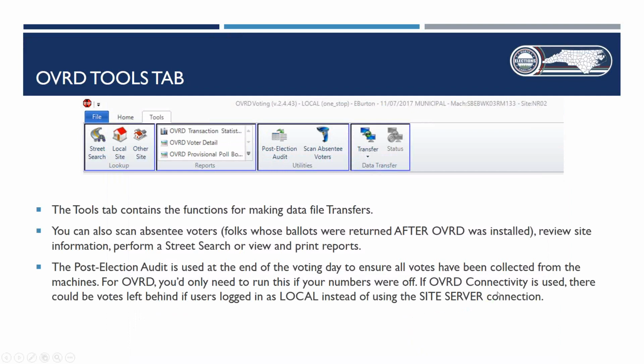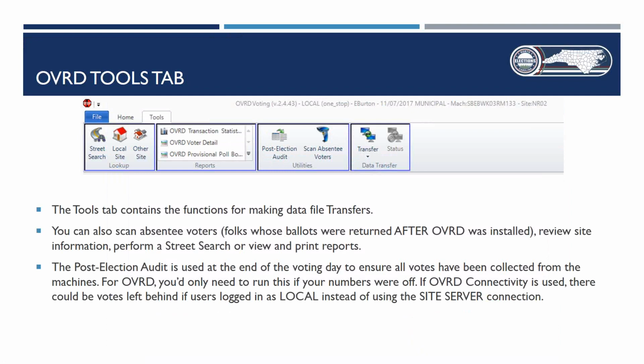Let's see, yeah. And so if you're using OVRD connectivity with the site server functionality, there could be votes left behind if users logged in as local instead of using the site server connection. So those of you that do use OVRD connected with that site server functionality, make sure when your poll workers go to lunch, if they log off, that when they log back on, they go into site server and not local.